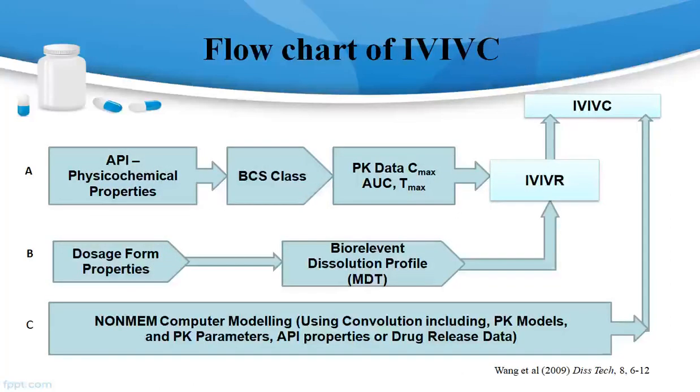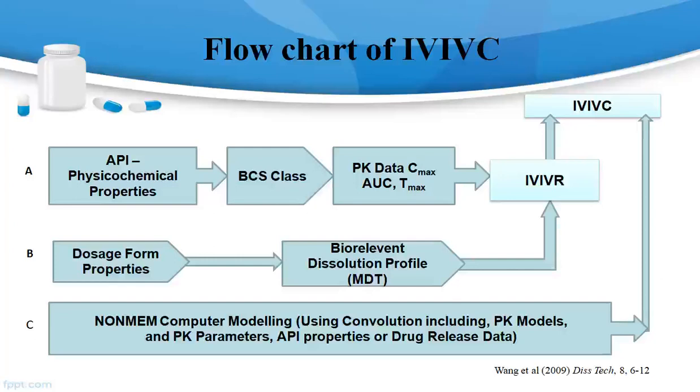The flow chart of in vitro and in vivo correlation. Under this, we take three steps. First is the active pharmaceutical ingredient's physicochemical properties, and then classify according to the biopharmaceutics classification system. Then find out the pharmacokinetic data, Cmax, AUC, Tmax.